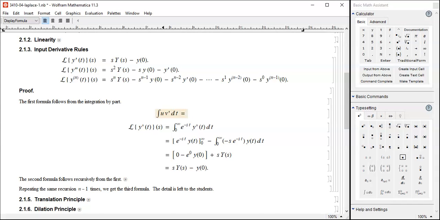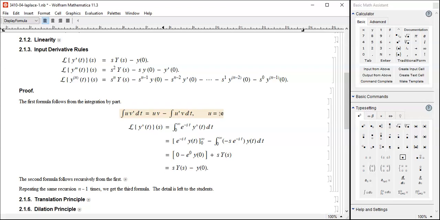Here's the integration by parts formula, my favorite form: the integral of u v prime dt equals u v minus the integral of u prime v dt. And what is u here?